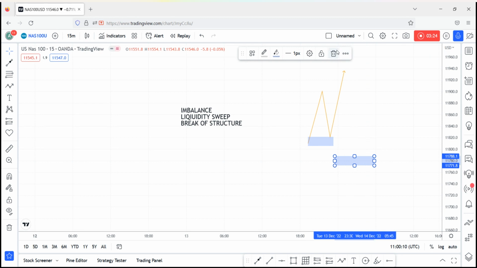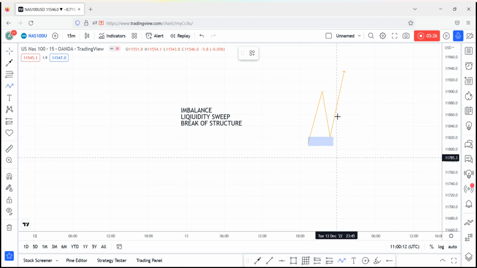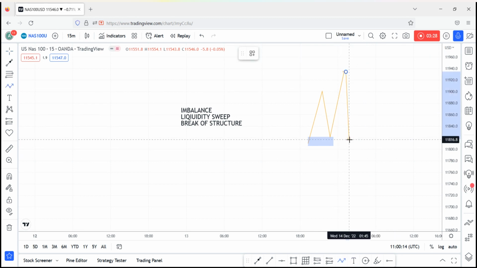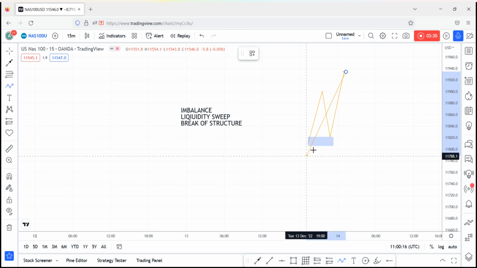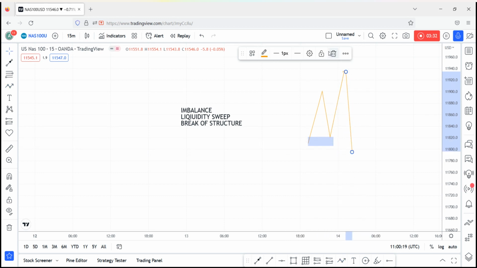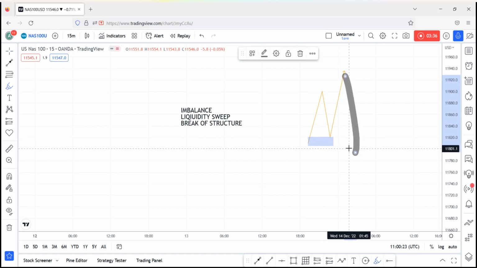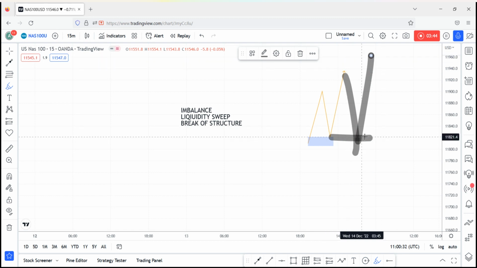Let me tell you how it could be done. So the market can behave something like this. The market can move something like this, sweep this liquidity. Wait, the market behaves something like this, mitigates your demand zone, but the candle closes above the zone and then moves something like this. So this is a liquidity sweep, right?